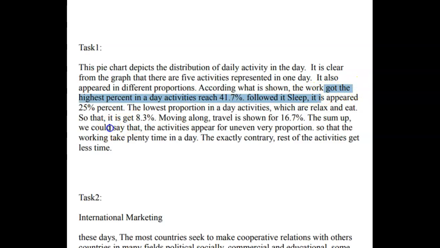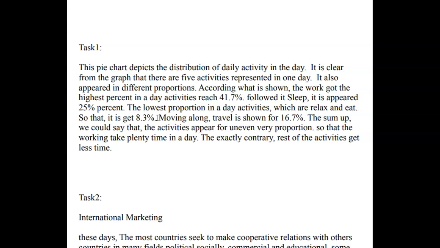Work had the highest percentage at 41%, or reaching 41%. Following this was sleep, which accounted for 25%. The lowest proportion in daily activities are relaxation and eating, which get 8.3%.